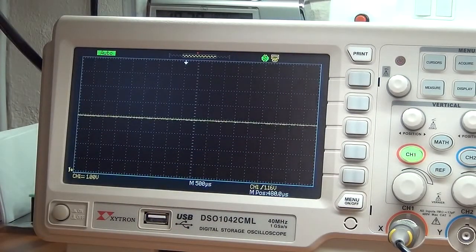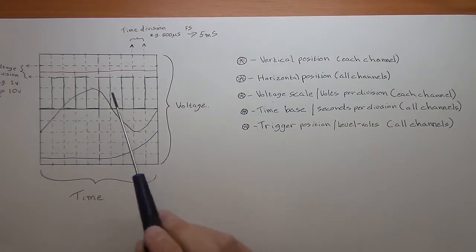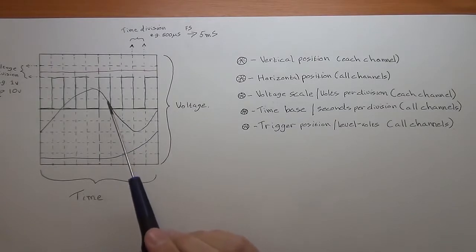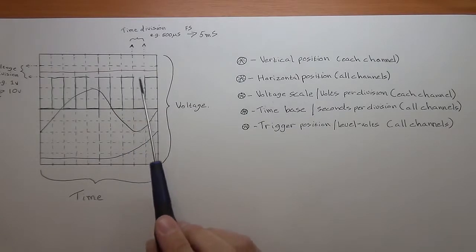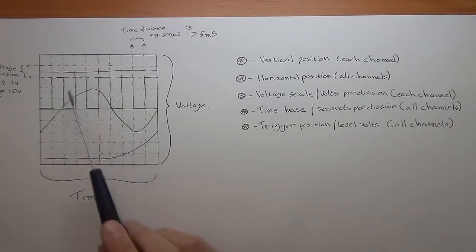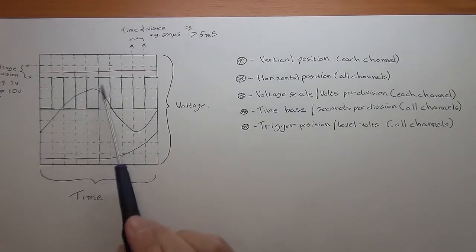So let's have a quick closer look at some of the adjustments you can do on an oscilloscope. Once we have a signal which we're inputting into our oscilloscope, we probably want to have a closer look at it and play around with it on the screen. The reason is that you probably want to take measurements of the signal to understand the voltage, or have a look at whether there's any noise on a signal.